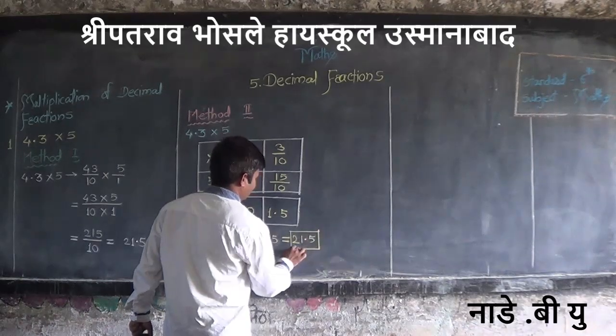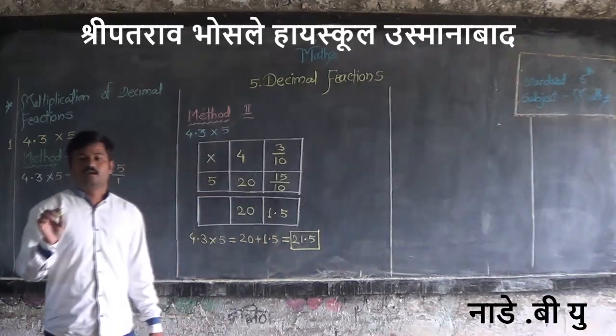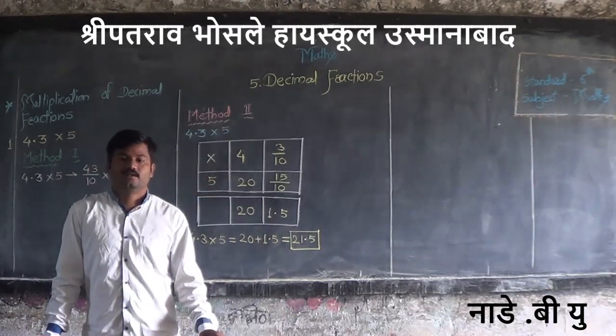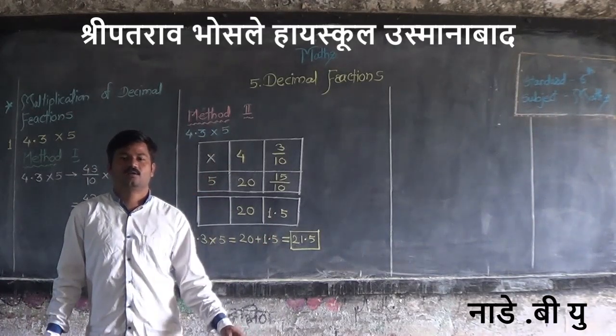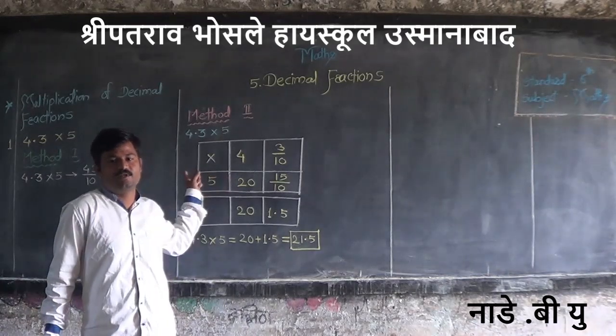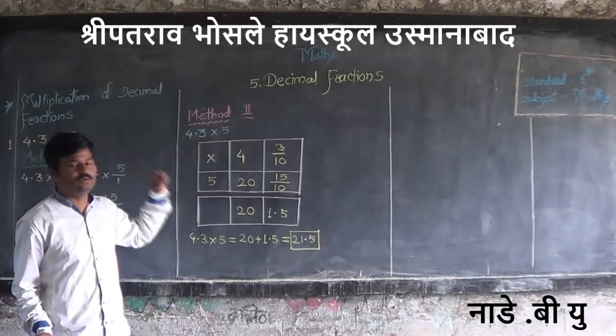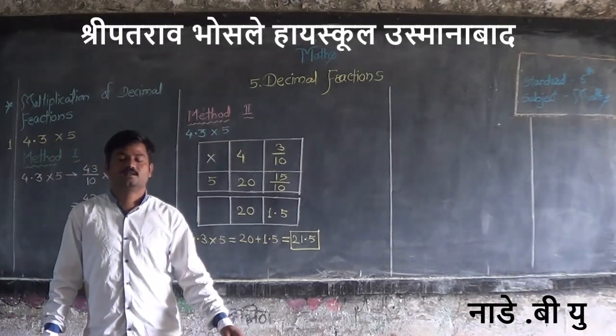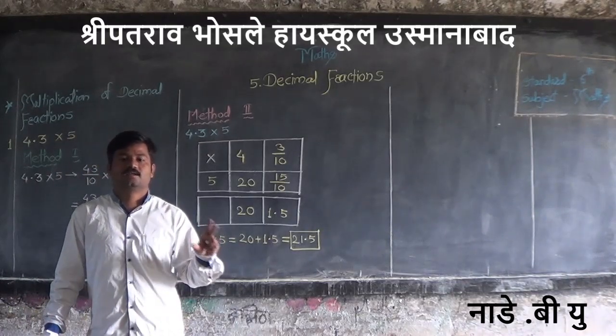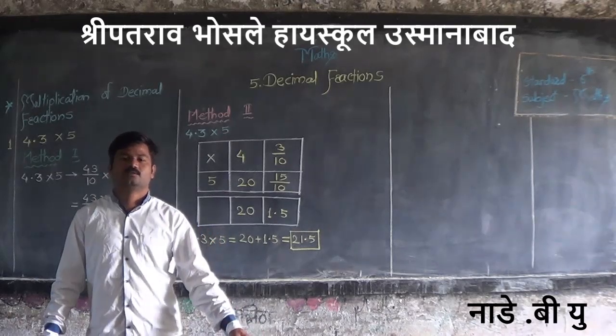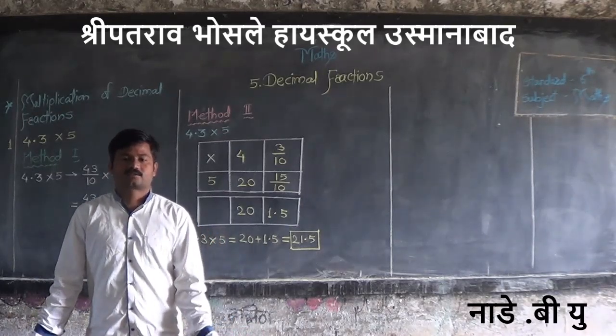21.5 is our answer. Now listen carefully. The third method of solving this multiplication, 4.3 into 5, is the same as the multiplication of integers.